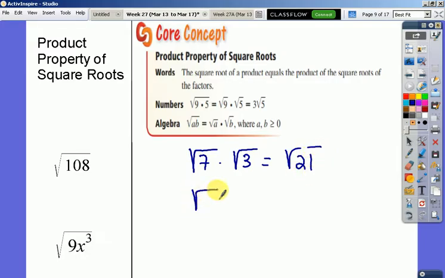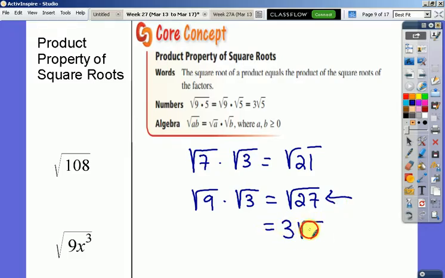Or the square root of 9 times the square root of 3, you're going to end up with the square root of 27. Now you can break this down and simplify it, which you will, and that'll end up being 3 square root 3.